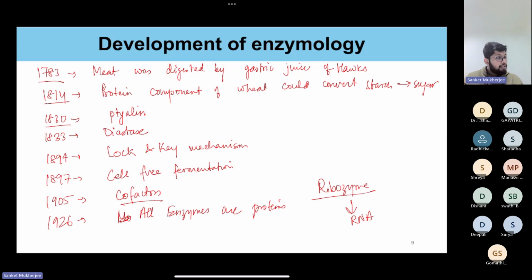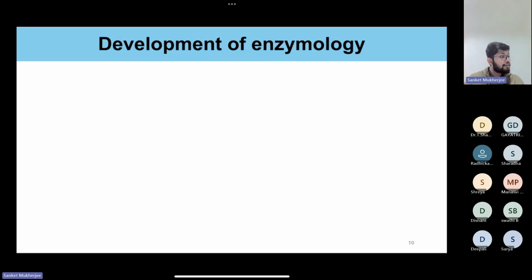In 1950, immobilization was done. Immobilization of enzymes is important for industrial purposes. You immobilize the enzyme, the substrate comes in, the product goes out, and the enzyme remains as it is.